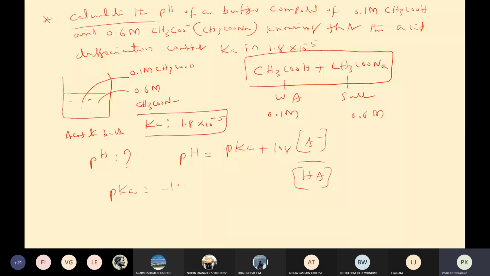So pKa is equal to minus log Ka. When you do this calculation, you get the pK value as 4.76.